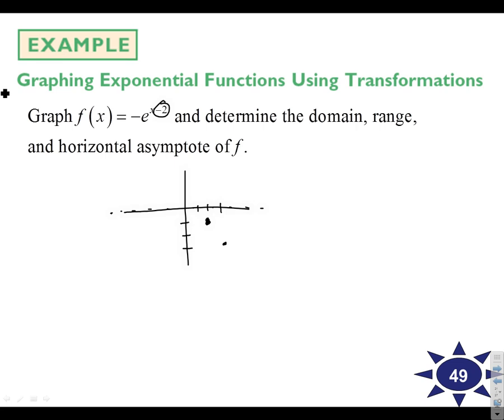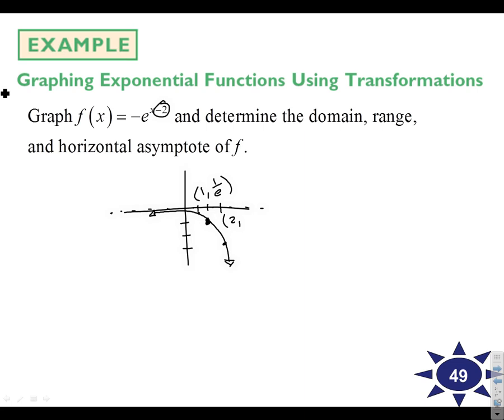And as we go to the other side, it's 1 over 2.718, so a little bit less than a half. So the points in here would be (-1, -2/e). Did I do that right?